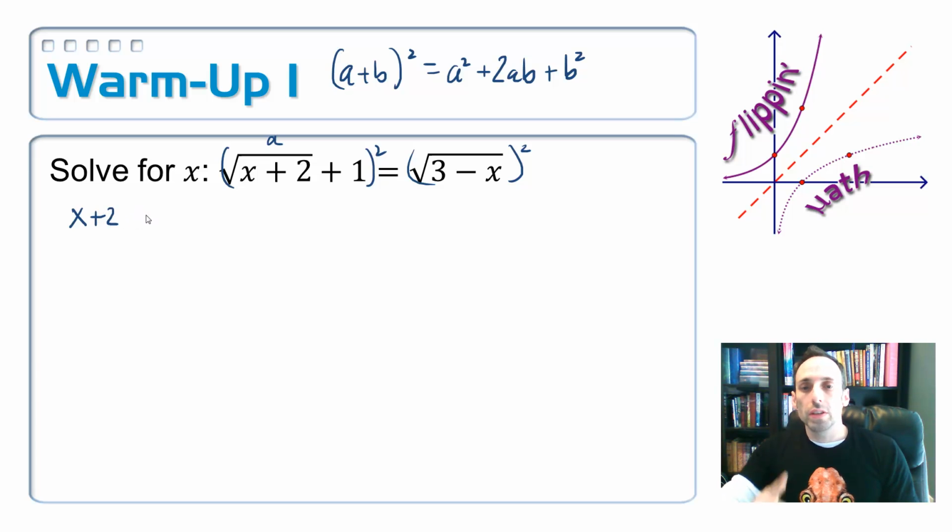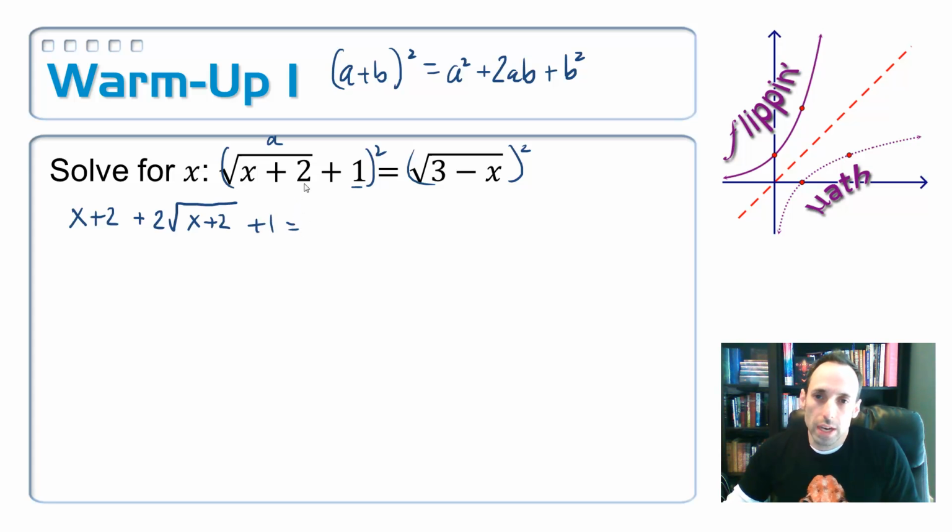Now I multiply these two together and double it, so plus 2 square root of x plus 2. And finally I square that last number, plus 1. On the right-hand side, square and square root cancel each other out, and I have 3 minus x.